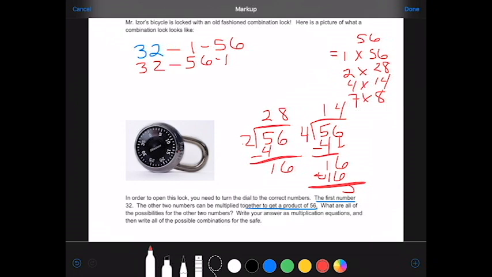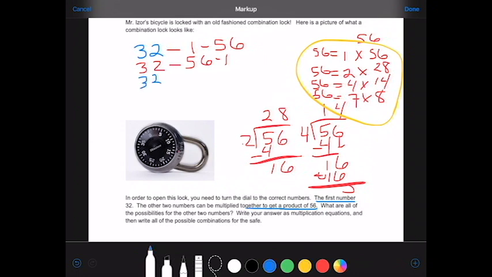So they want this as a multiplication equation. So I'm going to write equals 56 on all of these. Be really careful that you do that. That's a way lots of kids make mistakes, is because they don't do this in multiplication form. All right, but we've done that now, so we can go back over here.